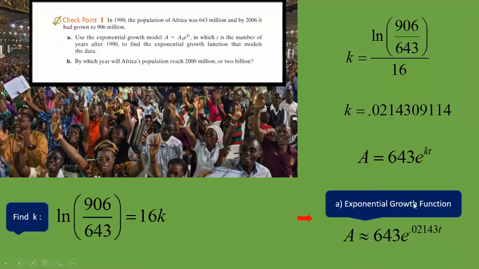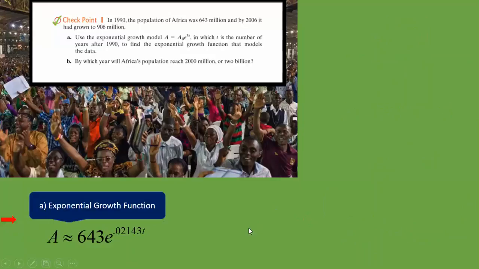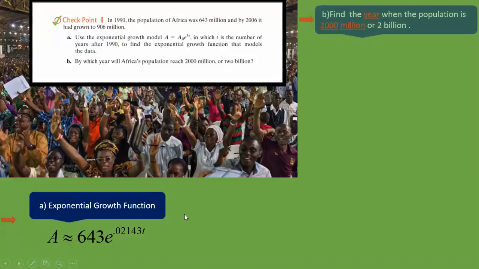And so now I have my exponential growth function. So my exponential growth function A is approximately equal to 643 e raised to the 0.02143 t power. So we have the first part of the question answered. Now we have to address the second part, because now we have the exponential growth function.